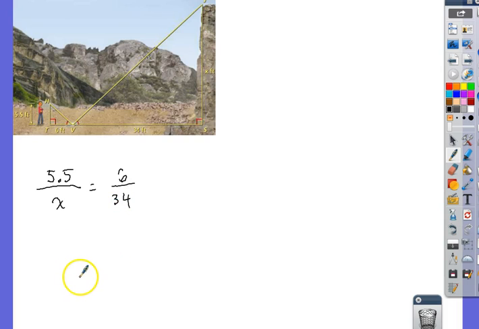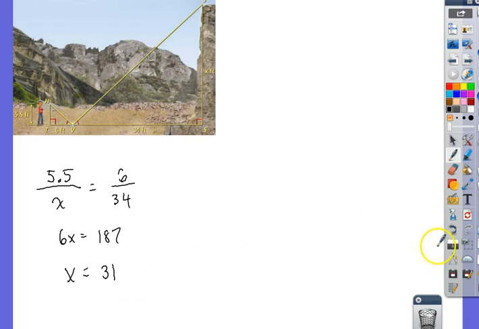Can I solve that problem right there? Sure, by the magic power of math. Cross multiplication, or means-extremes if you want to get technical. So 5.5 times 34 is equal to 187. Divide that by 6, and x is equal to 31 and 1/6.